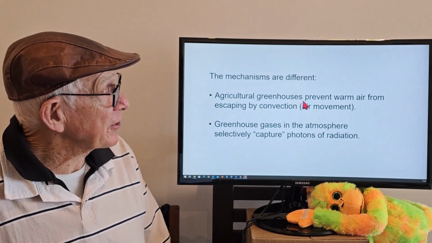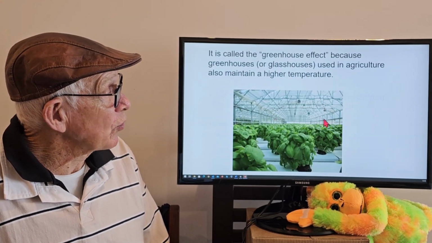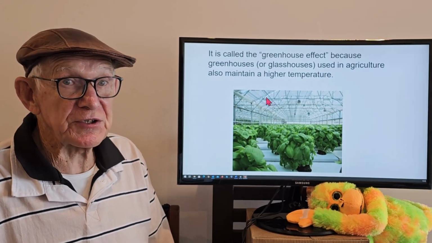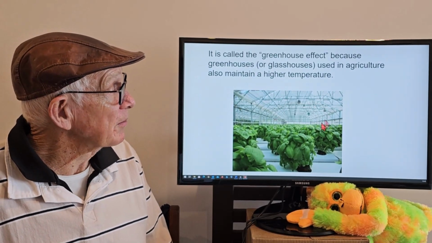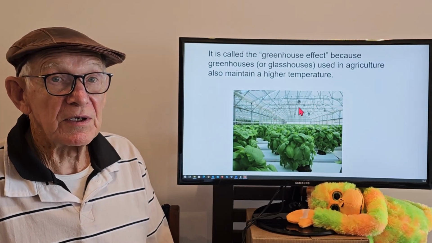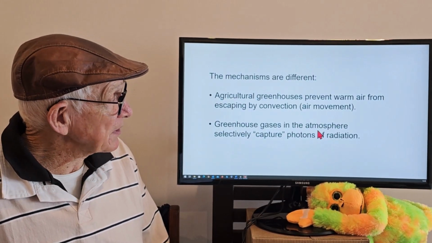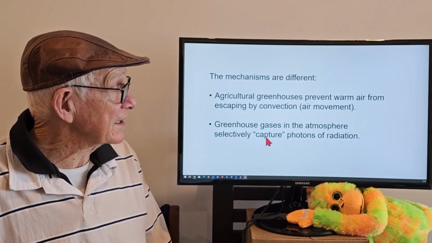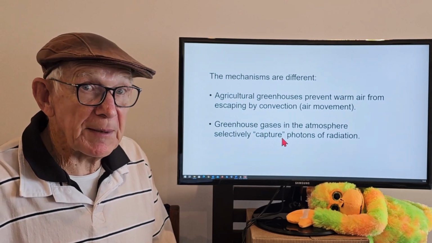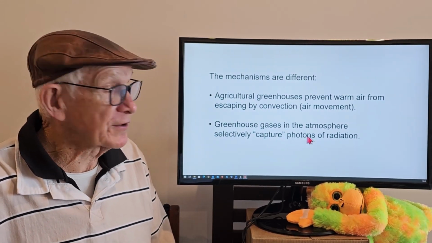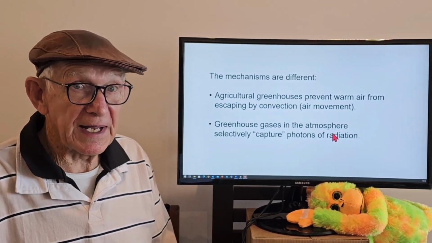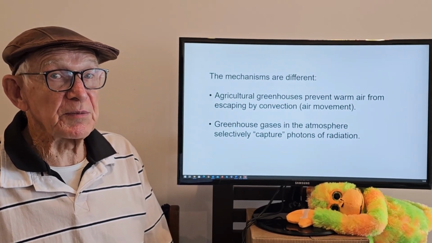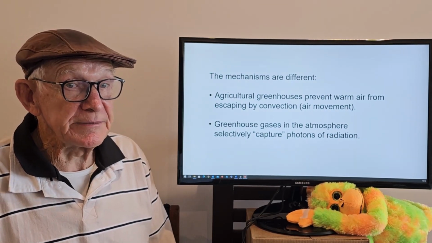In the agricultural greenhouses, it's simply that the warm air is prevented from leaving by convection away from this contained space. In the atmosphere, the greenhouse gases selectively capture, trap, absorb photons of radiation that are going on their way out to space. There's no roof holding those molecules of air in.